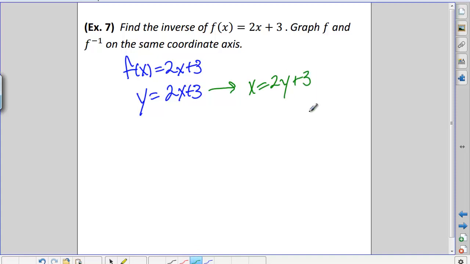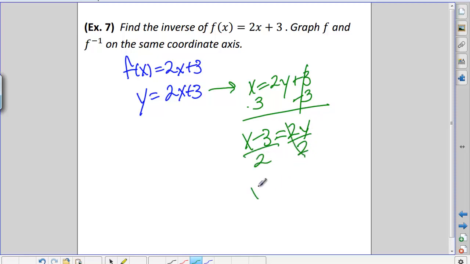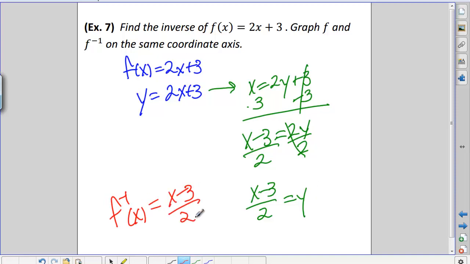So all the x's and the y's switch around. And now if I solve this for y, I end up with x minus 3 over 2 equals y, or I could say that f inverse of x is x minus 3 over 2.